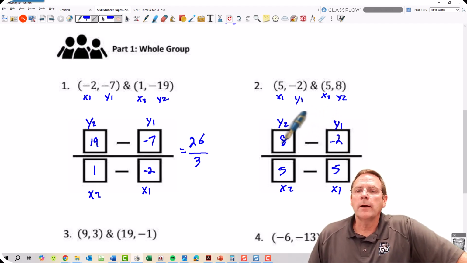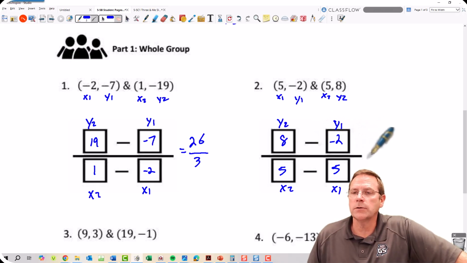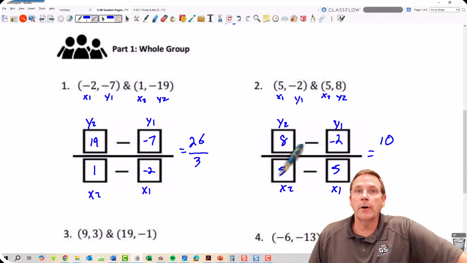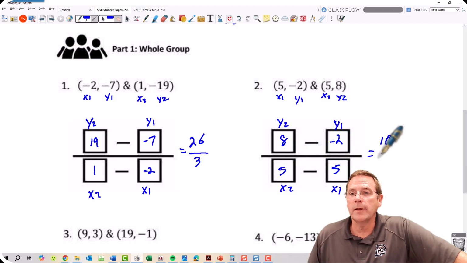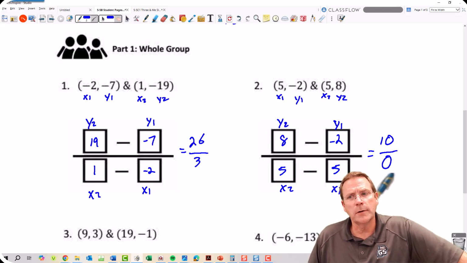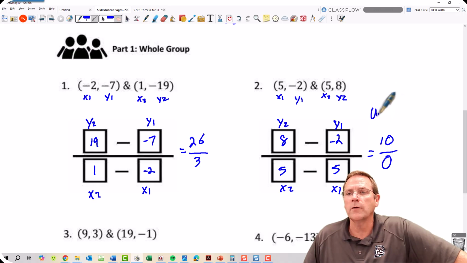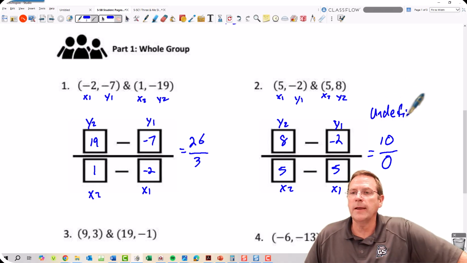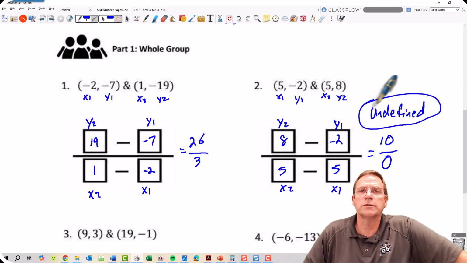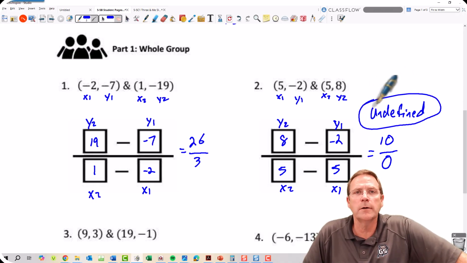So right here, 8 minus a negative 2, that's the same thing as saying 8 plus 2, and 8 plus 2 is 10. Here's the problem. 5 minus 5 is 0. Can we have 0 in a denominator? No, we cannot. So the answer to this one is undefined, because anytime you have 0 in the denominator, boop, you stop what you're doing and you write undefined, because that's going to be the answer to that problem.